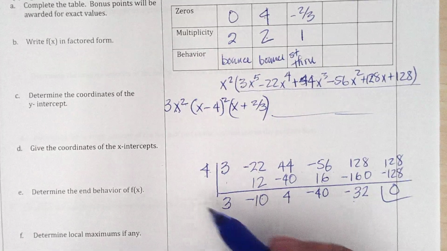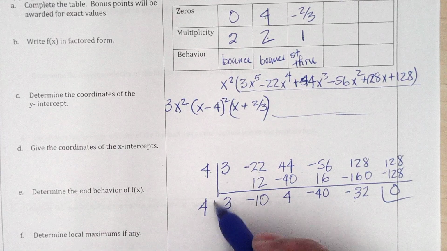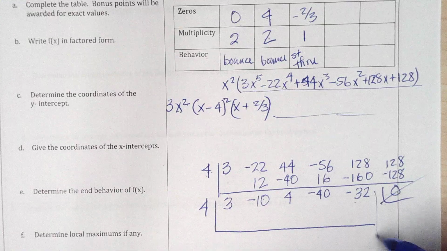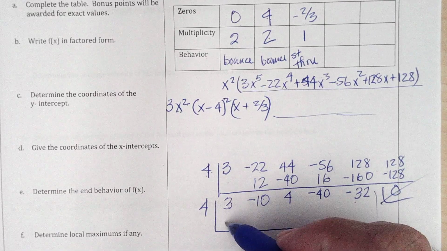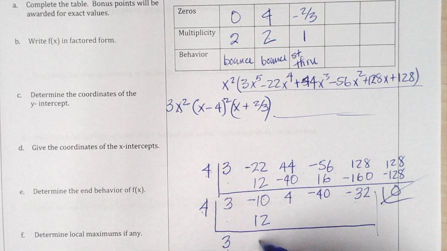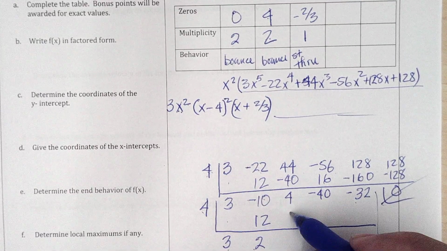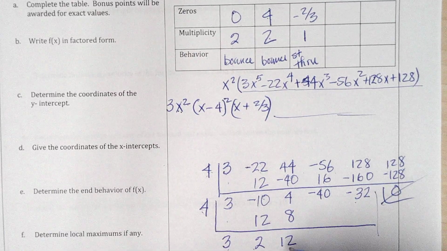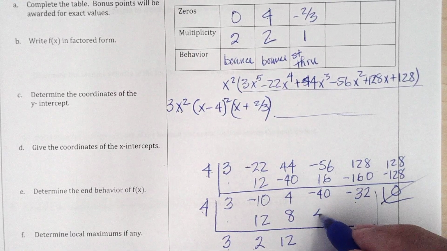So now I'm going to do 4 into what was left. Forget the remainder, so I'm only working to here. 3 plus nothing is 3 times 4 is 12. Add, I get 2 times 4 is 8. Add, I get 12. 4 times 12 is 48.